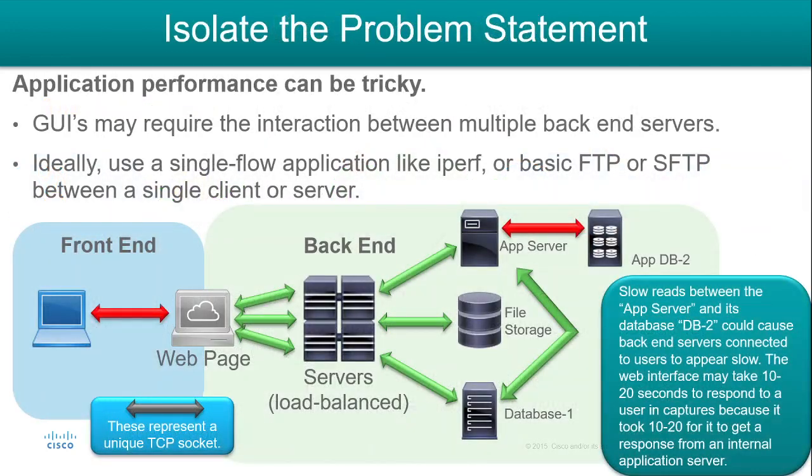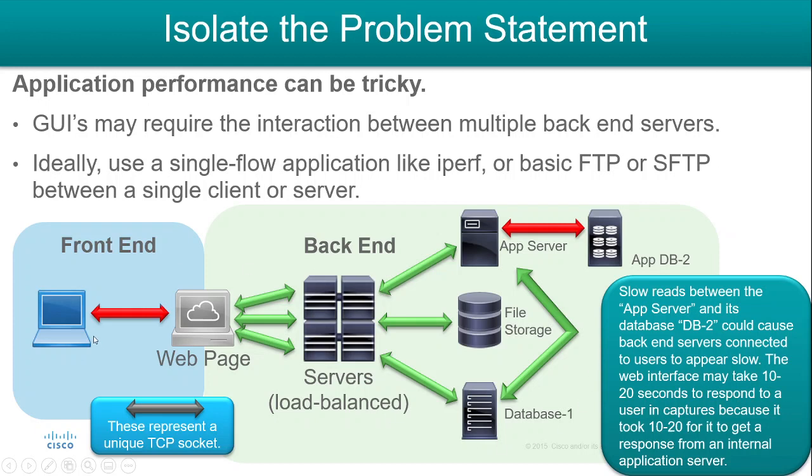The example I like to bring up to explain that is in reference to something like application performance. Now, if you've ever dealt with custom applications, a lot of times we might end up with something like this, where I have a front end where I have my user here in blue, and they are going to some sort of web page that is essentially the front portion of this entire back-end system that we see here.